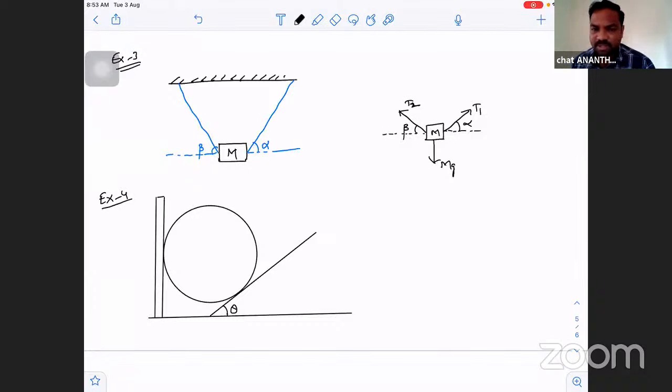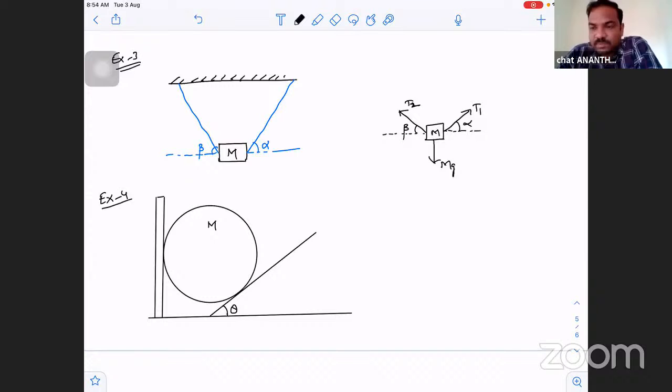You can draw it in the same diagram. The mass of the sphere is m.